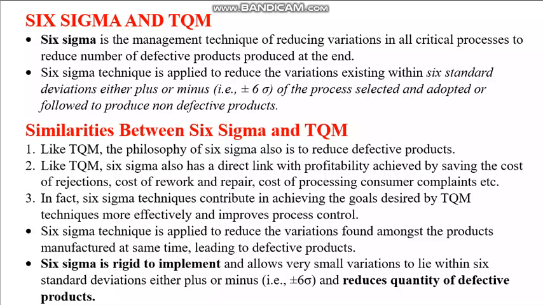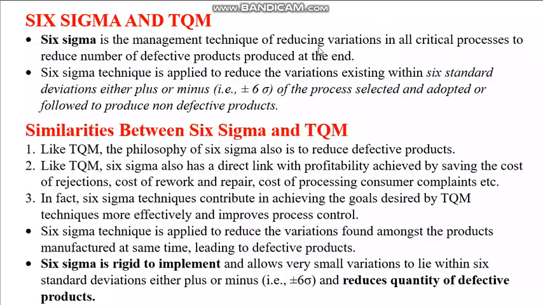In total quality management also, we said the aim is to produce zero defects. Now in Six Sigma also the aim is to reduce the number of defective products. That means almost to make it zero. Okay, how we are trying to do it?